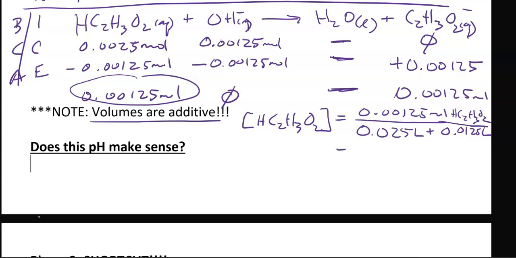If you do that math, you end up getting 0.0333 molar. So that's your concentration of your weak acid.